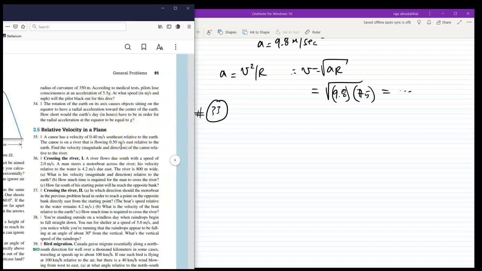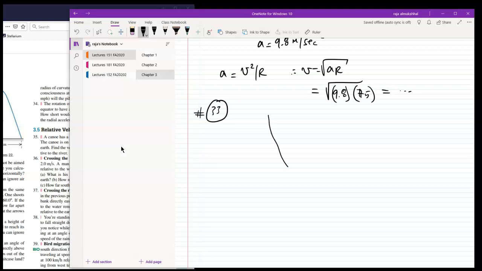Well, let's draw the diagram. So it looks something like that. Here is the dive, if you call it, and here is the pilot. It's going in that direction, like this, right? And this is a quarter of a circle. He said it's a quarter of a circle. It looks like more than that, but anyway, let's assume it's a quarter of a circle like this.